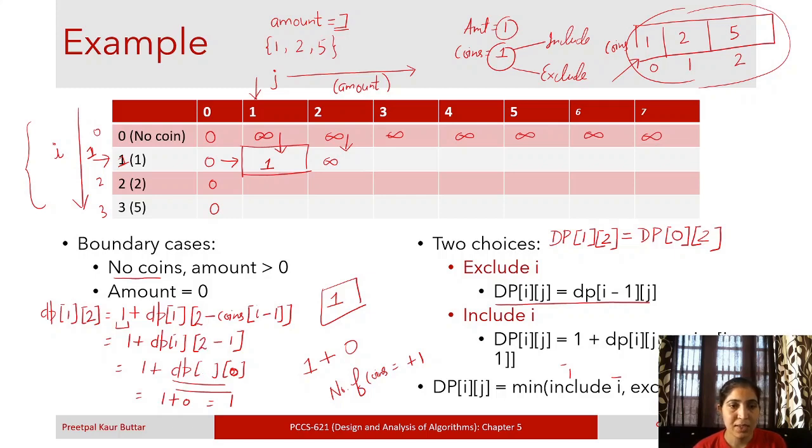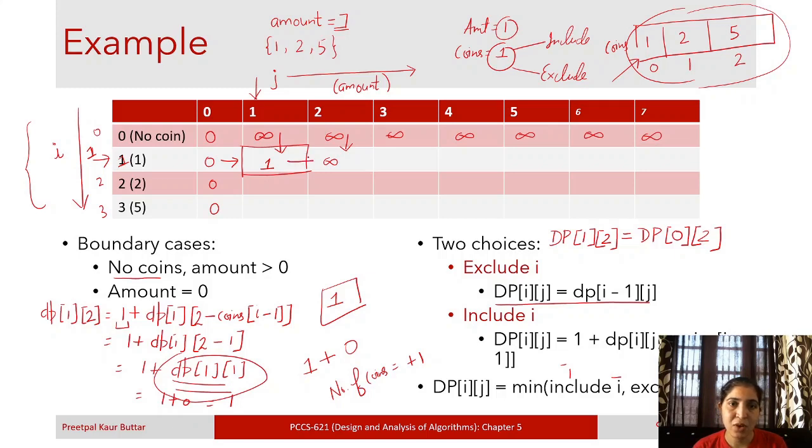So it is DP 1 1. After picking this 1 rupee coin, the total amount will be reduced by 1. The amount I am trying to make is 2 rupees, and after picking a 1 rupee coin I am left with 1 rupee. So this sub problem is already solved. What is the solution when you have a 1 rupee coin and the amount you are trying to make is 1?